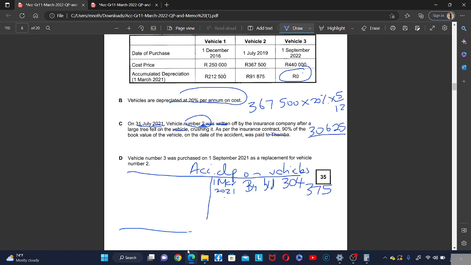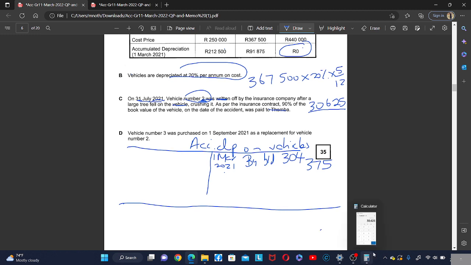So depreciation. We know that depreciation increases on the debit side.